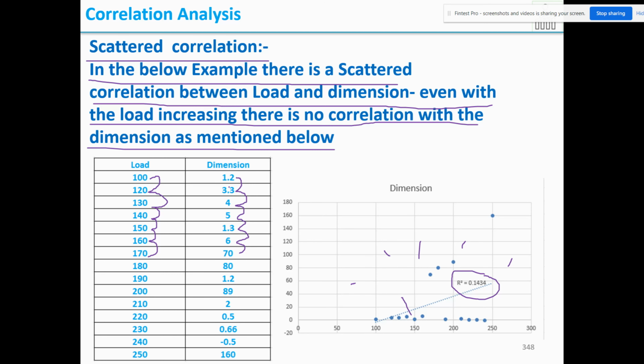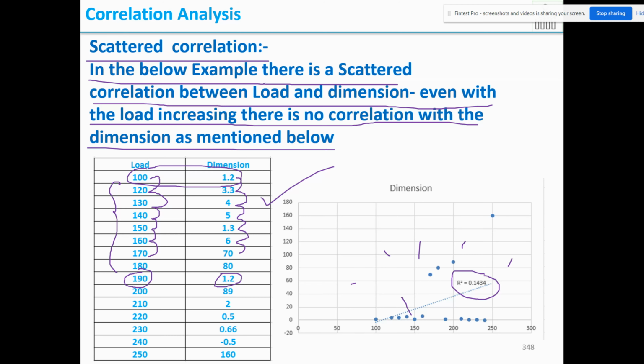For example, when the load is 100, the dimension is 1.2 mm. When the load is 190, the dimension is still 1.2 only. For this bigger change, there is no reaction in the dimension. That means there is some other parameter contributing to the dimension variation.